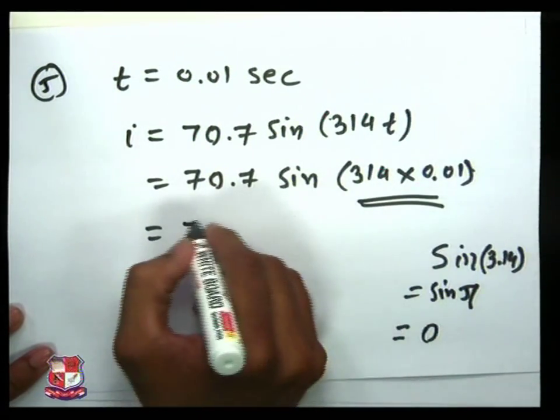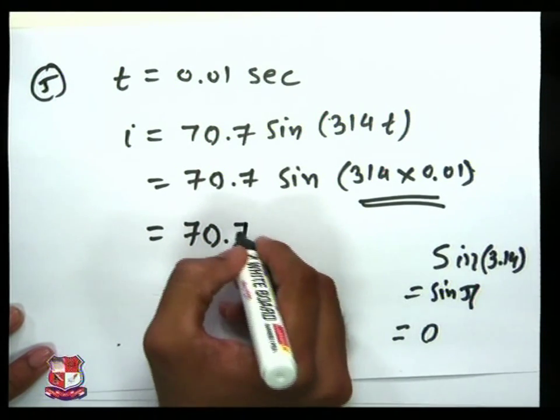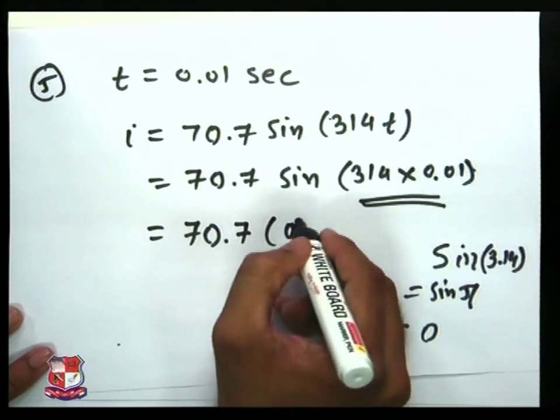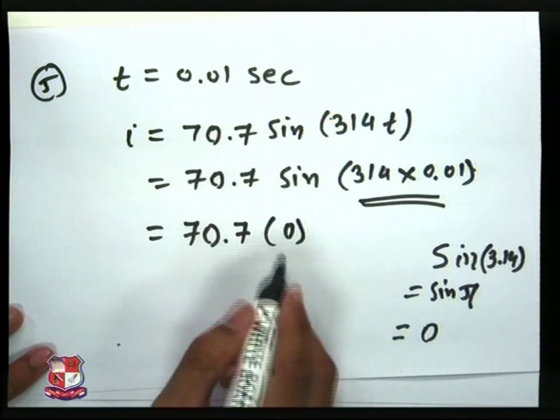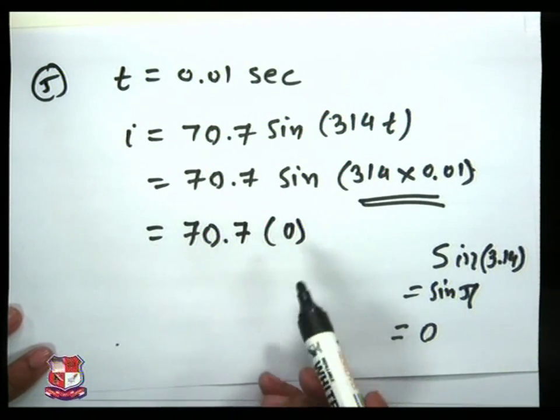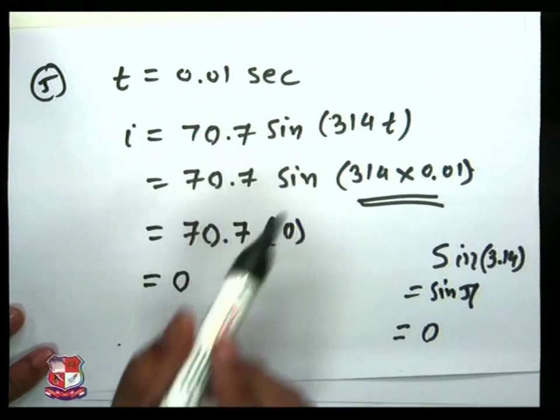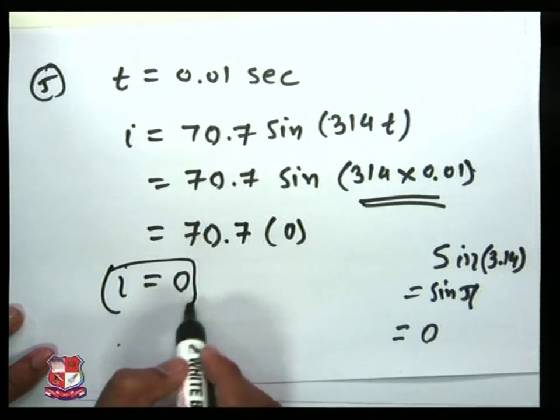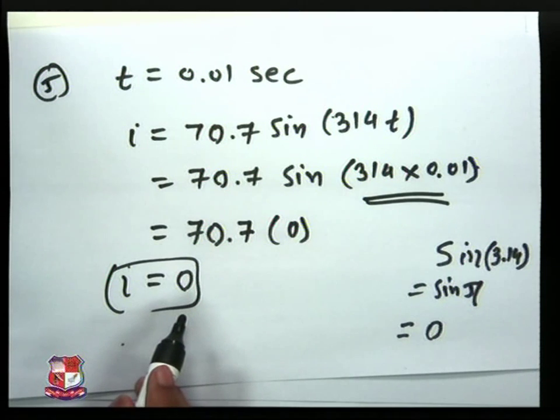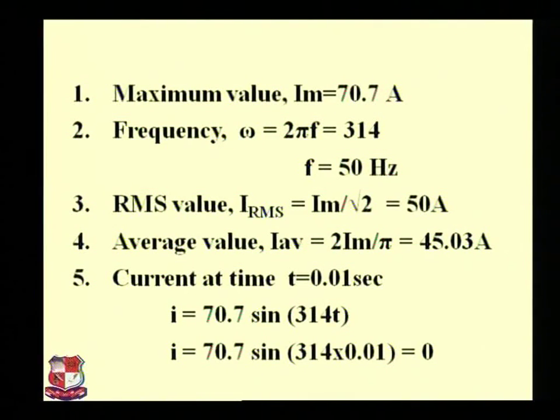So this complete term becomes 0, and so the current at time 0.01 second is 0 ampere.